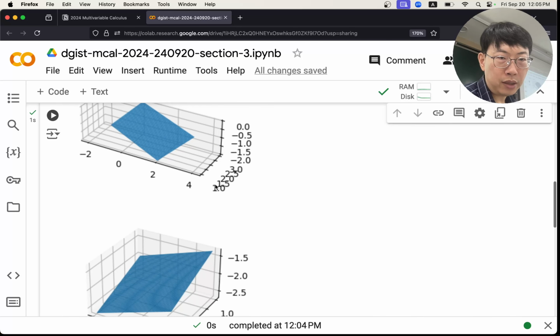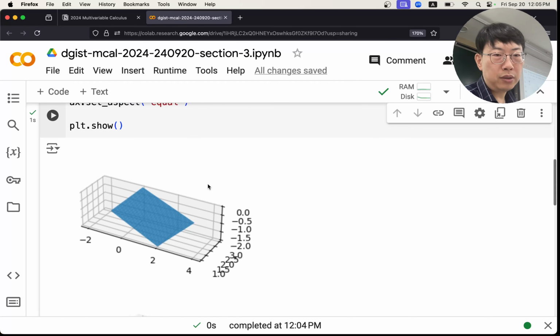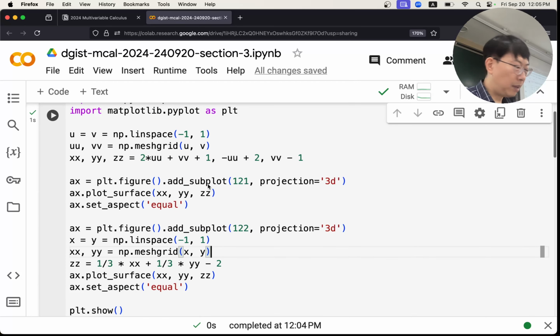So you can see why it's different. But in some sense, the slopes of the plane are the same. You just chop up a different part of the infinite plane, and that's why it seems different. But they are actually the same plane. Okay, I'll put it here.